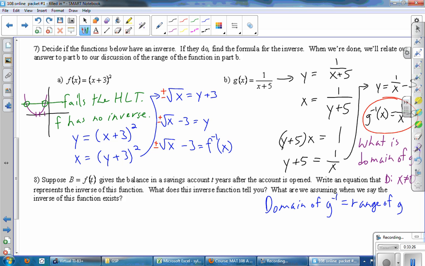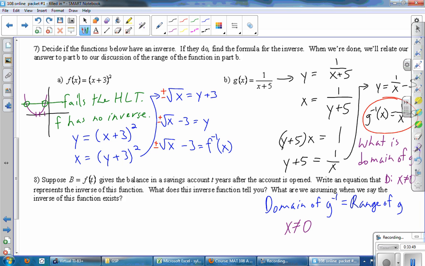How come? Because when you go to G inverse, you are swapping the x and the y. And the domain of G inverse is what we just wrote. We said that the domain of G inverse is all the x's not 0.